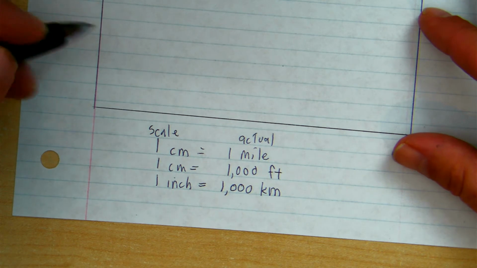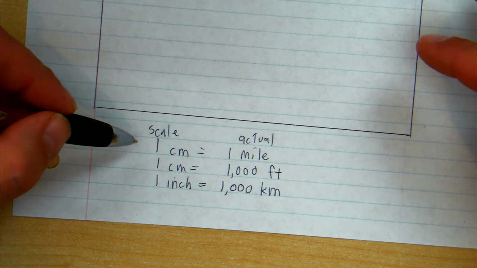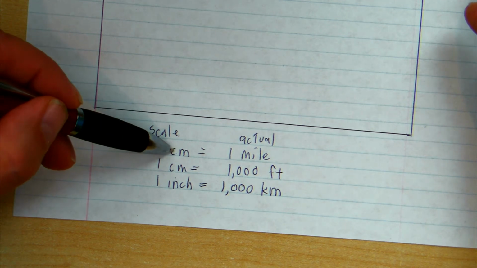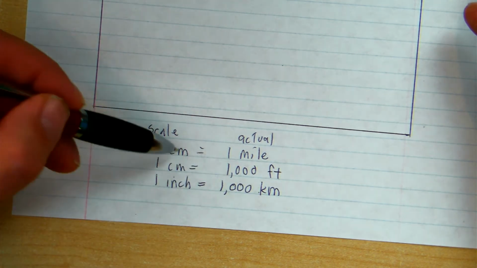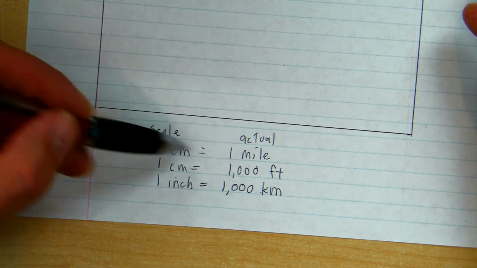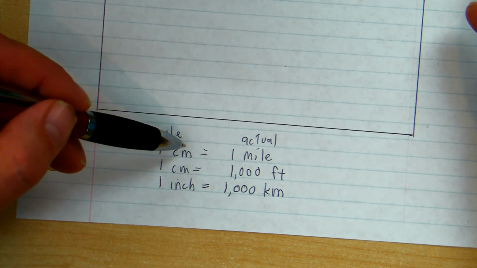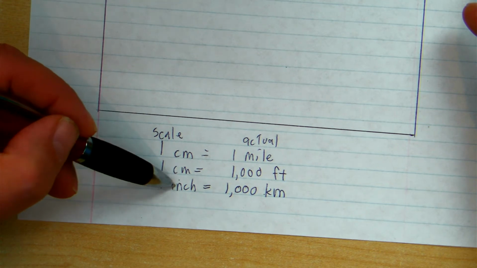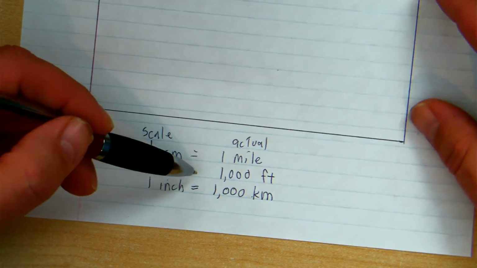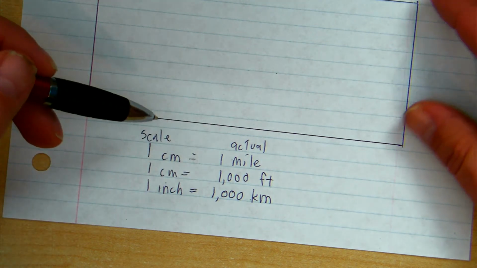So I'm not going to constrain you to say, oh, it's got to be a metric unit to a metric unit, although that is the most convenient choice to make by far. Or it has to be an English unit to an English unit, which has got its own set of issues.